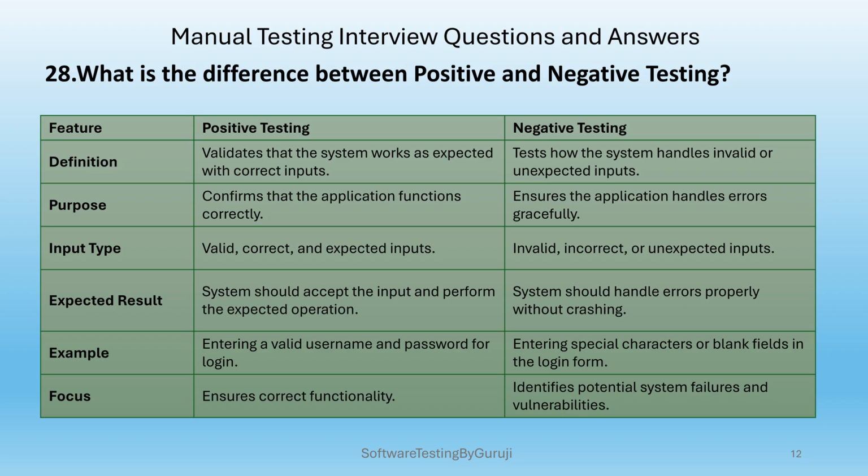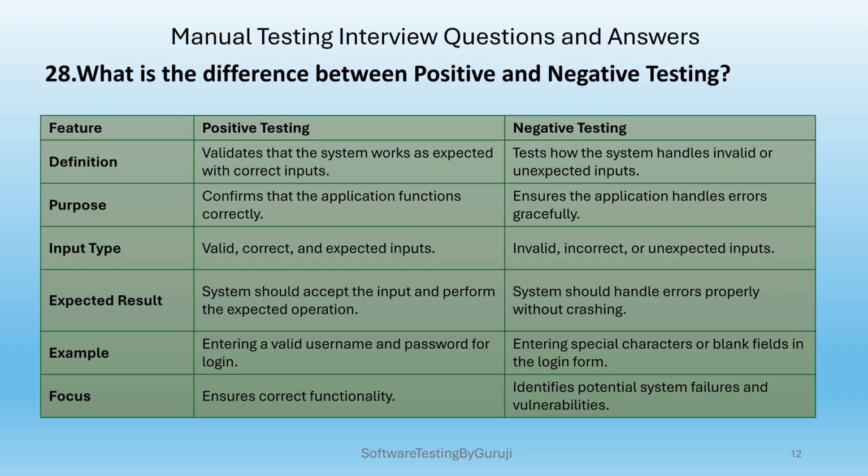Positive testing input type: valid, correct, and expected inputs. Negative testing input types: invalid, incorrect, or unexpected inputs. Positive testing expected result: the system should accept the input and perform the expected operation. Negative testing expected result: the system should handle errors properly without crashing.